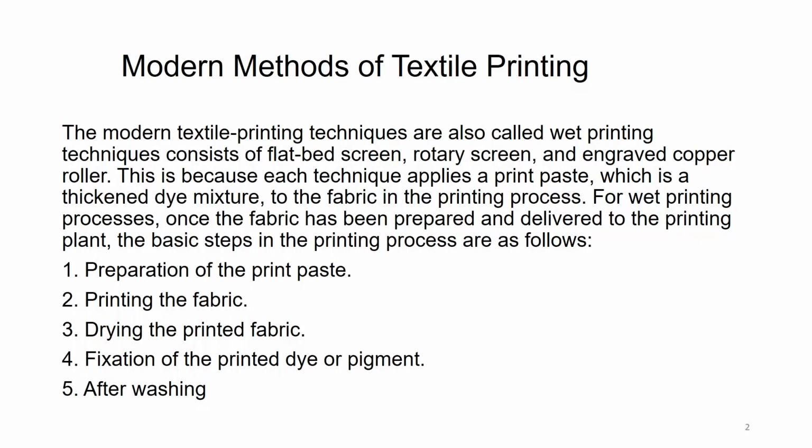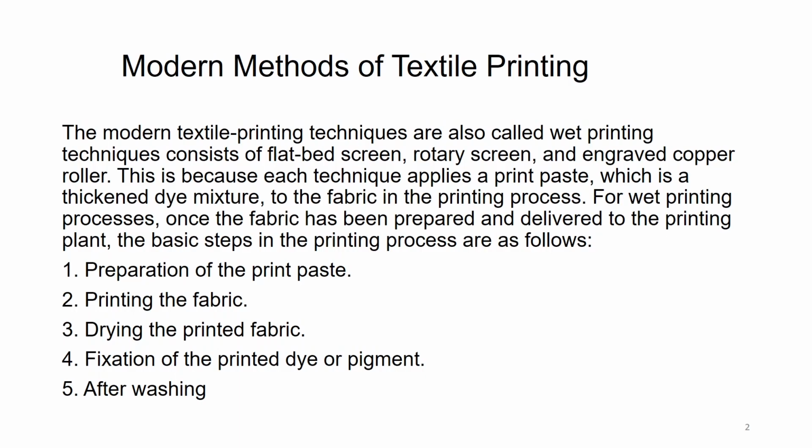Modern methods of textile printing. The modern textile printing techniques are also called wet printing techniques, consisting of flatbed screen, rotary screen and engraved copper roller. This is because each technique applies a print paste, which is a thickened dye mixture, to the fabric in the printing process.